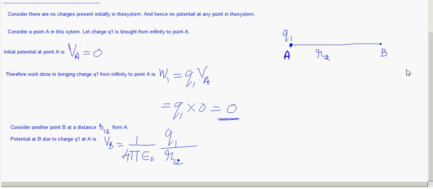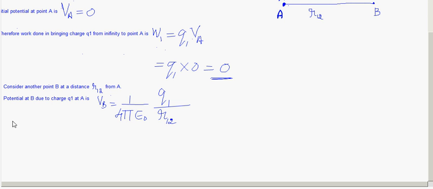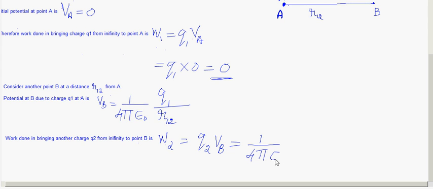So let us say we are bringing another charge q2 from infinity to point B. Work done in bringing q2 from infinity to point B is W2 equal to q2 into V_B, which is equal to 1 by 4 pi epsilon naught into q1 q2 divided by R12.